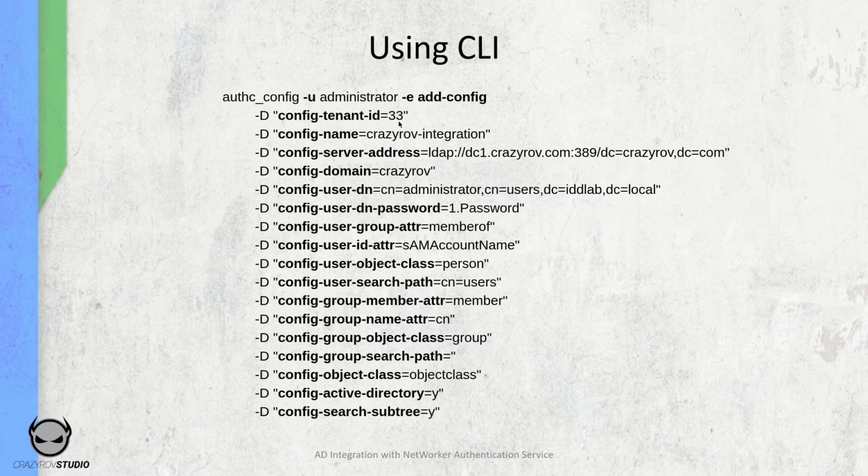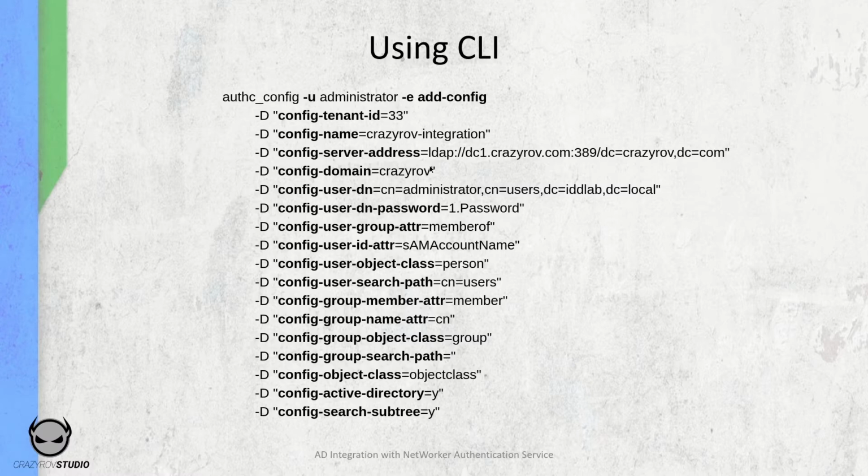This is just used as a reference when running the commands in the future. Config name is again just an identifier, which you can mention as any name, without any spaces. Config server is the domain controller hostname or the IP address along with the port, and the domain DN.